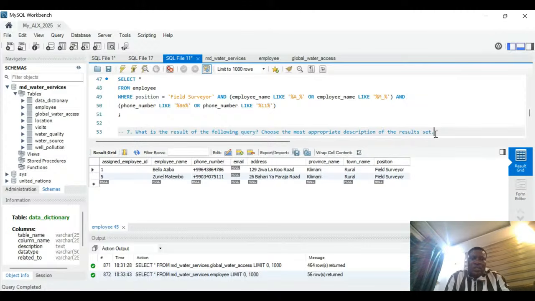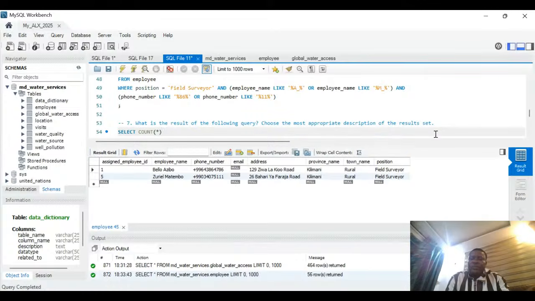So let's go to question number 7. What is the result of the following query? Choose the most appropriate description of the resource set. So some queries have been written, and then we are asked to look for the resource that we'll get from the query.